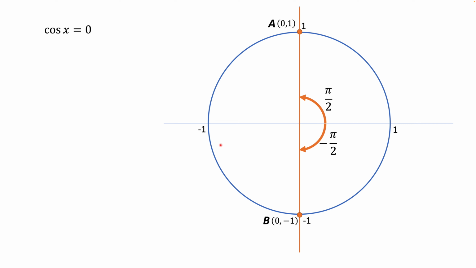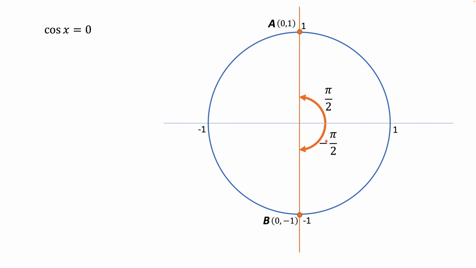Because for sine x equals 1, we're only getting this point A at the top that is satisfied. For cosine x equals 0, there are 2 points. One, the same point A as before, but there's also a point at the bottom, B. So the very top and the very bottom points give me cosine x equals 0. It's sine x equals 1 on the top and sine x equals minus 1 at the bottom.